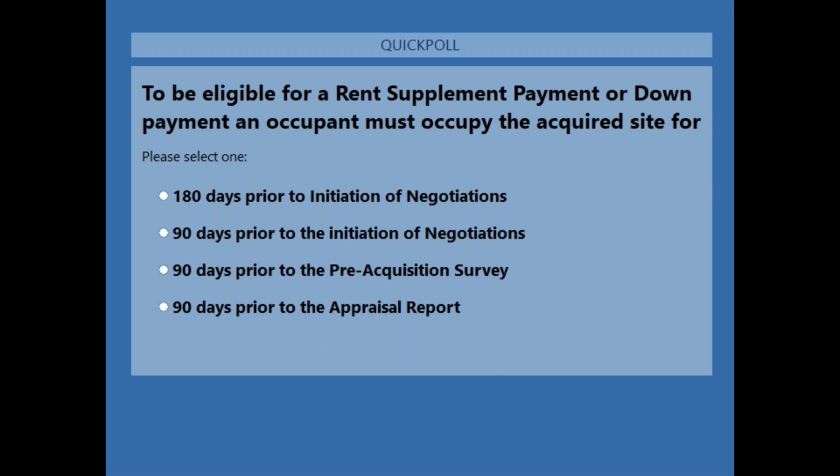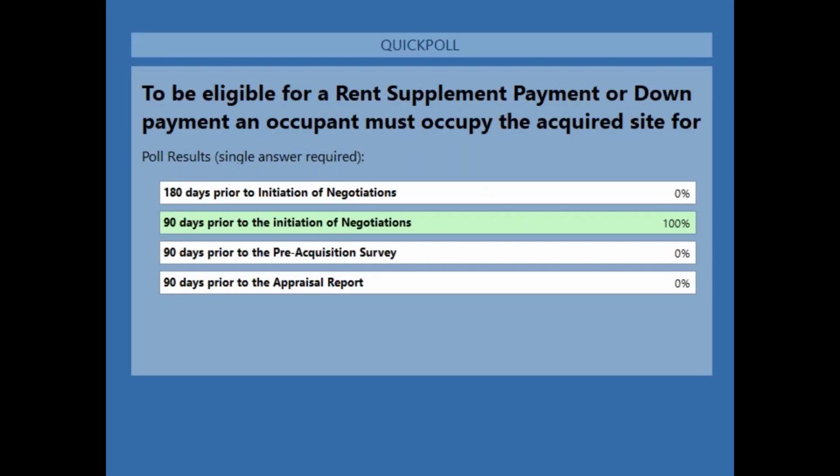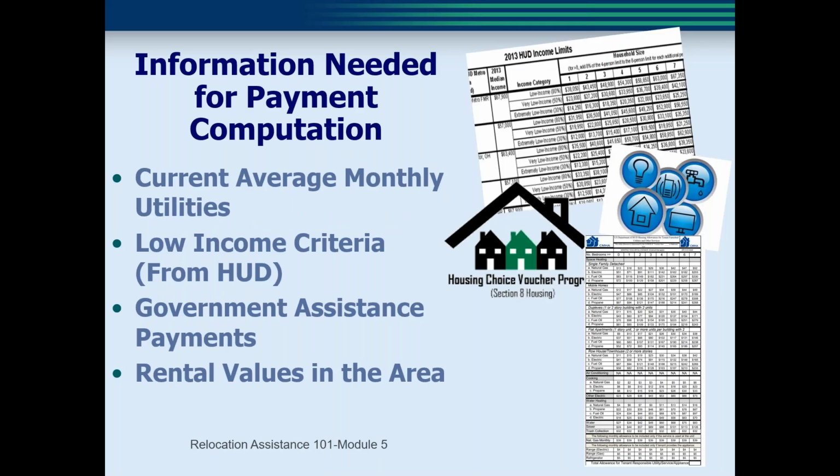Is it 90 days prior to the initiation of negotiations, 90 days prior to the pre-acquisition survey, or 90 days prior to the appraisal? Excellent. Very good. It is 90 days prior to the initiation of negotiations.